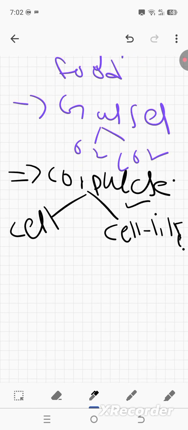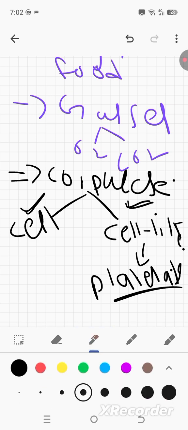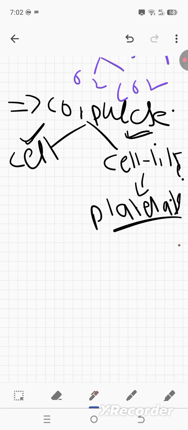Today we will just look into the cell like, which is platelets. In another video we will look into the cell. Let's see platelets, the first part of corpuscles.